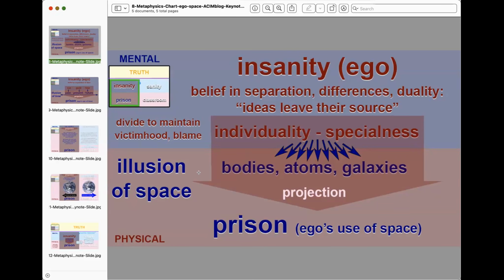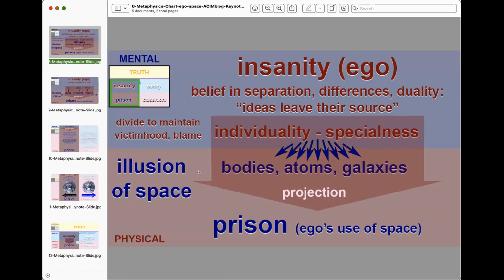So the insanity of the ego says that not only do I believe in separation and differences and duality, but I believe that ideas leave their source. So that means the thoughts the ego has, the sin, guilt, fear thought system, can now divide to maintain the victimhood and the blame. And the individuality and specialness then percolates down into bodies, atoms, galaxies, and that's the process of projection that we're doing all the time.